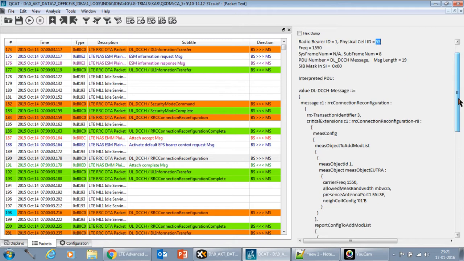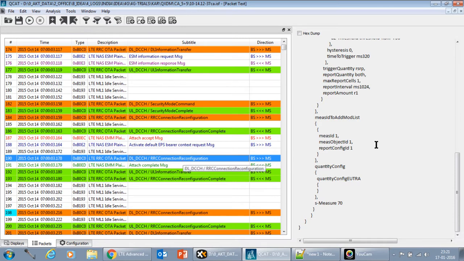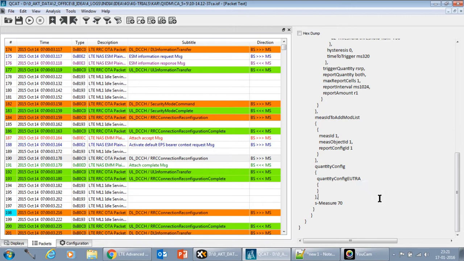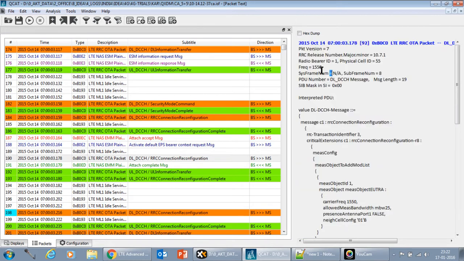And till this point, before the default bearer is established, the RRC configuration is happening for the various measurements, and in this case it is specifically for frequency 1550.